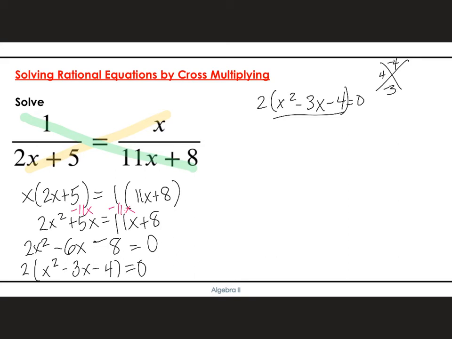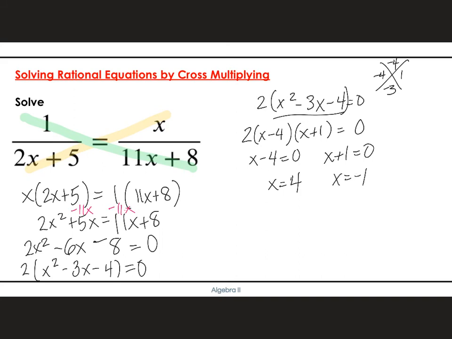Well, I know 4 and 1 will give me a positive 4, but if the 4 is negative, that's going to give me a negative 3. So I have 2 times x minus 4 times x plus 1 is equal to 0. So then the zero products property says x minus 4 equals 0 and x plus 1 equals 0. So x is equal to 4 and x is equal to negative 1. Again, I want to make sure that neither one of these is an excluded value. So I'm good with that.